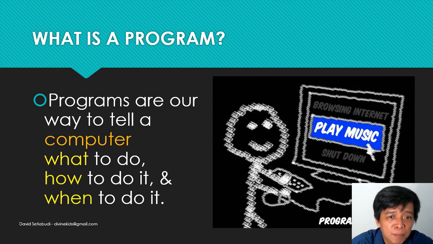So, for example like this. You click a button and then play music. This one is a program. The program has options of browsing the internet, playing music, or shutting down. So this is the program. It's software, not hardware.